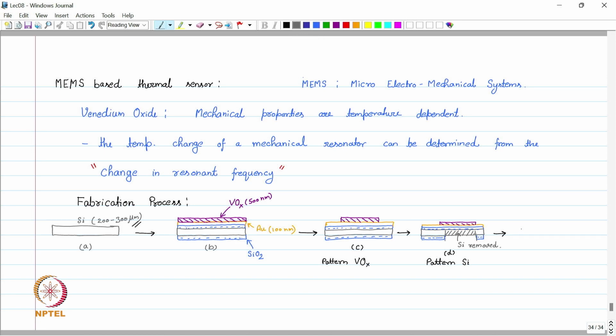We have silicon here. On top of this we have oxide, and then we have gold, which is used for the contact, and on top of this we have this VOX layer or vanadium oxide layer.